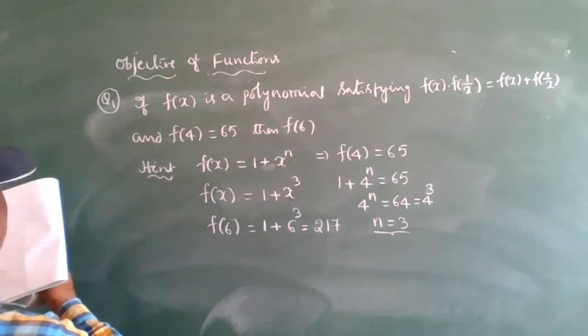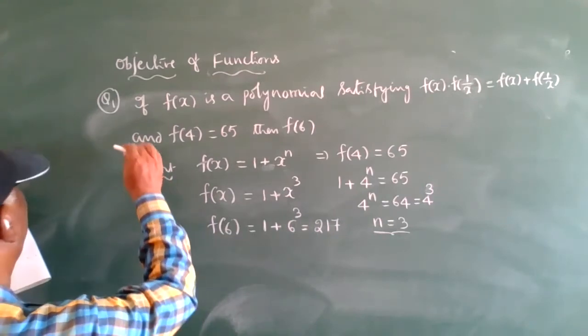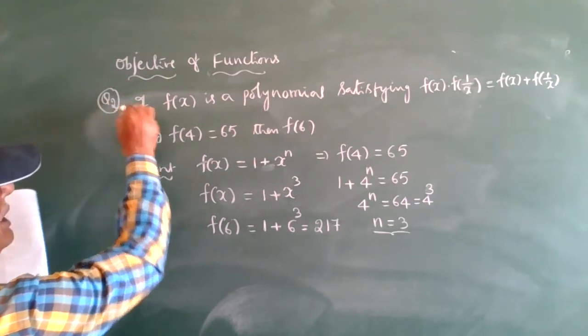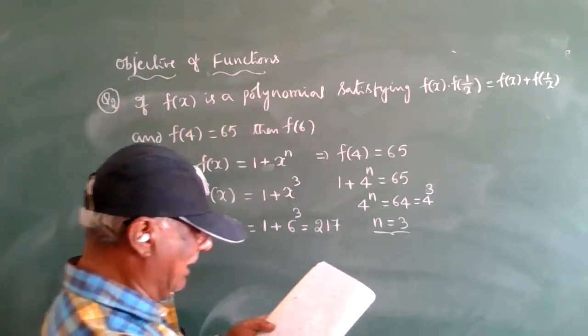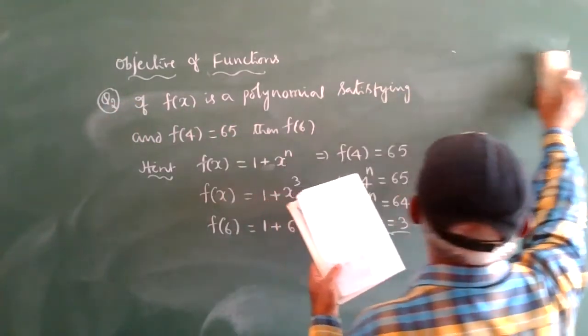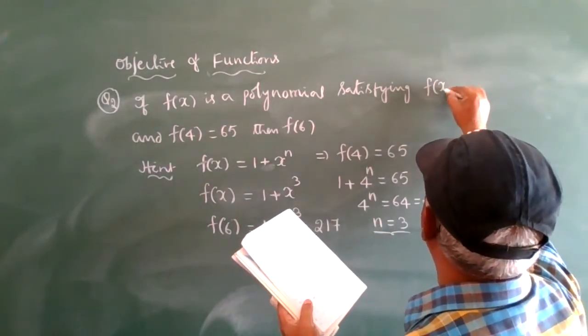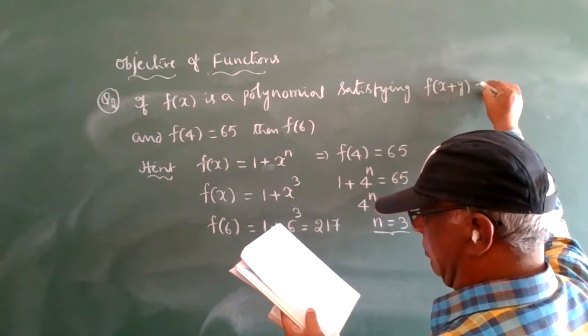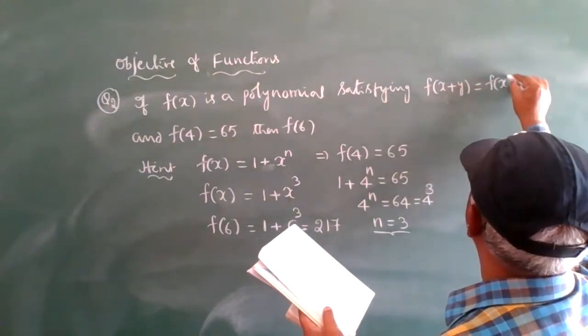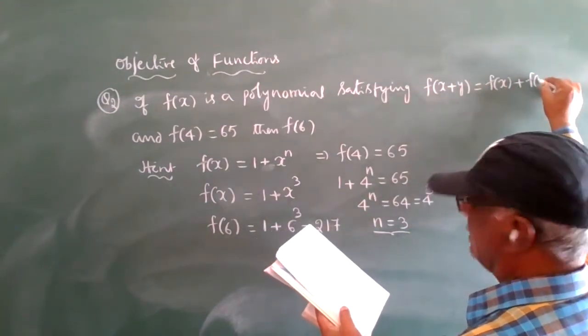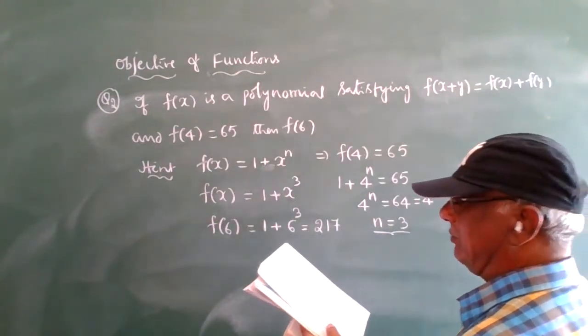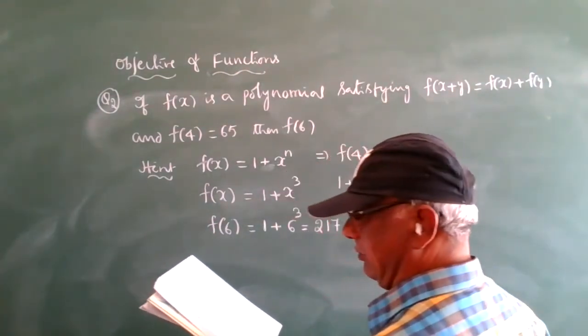Second problem. If f of x is a polynomial satisfying f of x plus y is equal to f of x plus f of y, the fourth point.